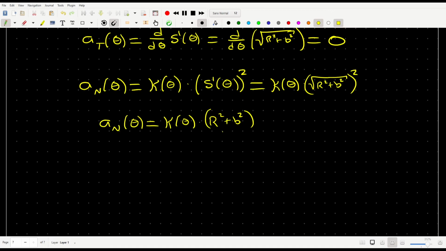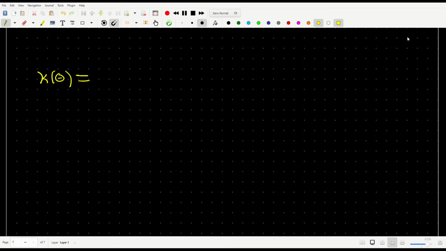So now what we need to do is investigate kappa of theta and figure out what the curvature is going to be at every different point along this curve to really get an idea of what this A_N is going to be. And it turns out this is going to simplify to something very, very nice. And so to solve for kappa of theta, we need to recognize that this is going to be, from our previous formula, the derivative of the unit tangent vector with respect to our parameter. This is a vector.